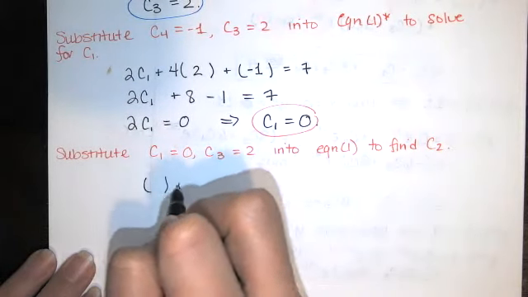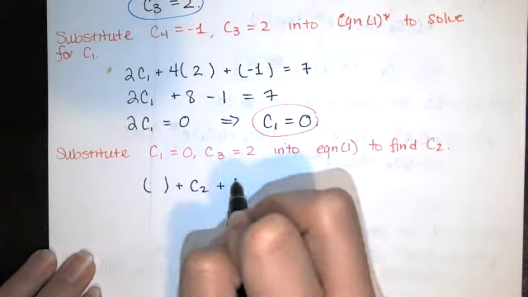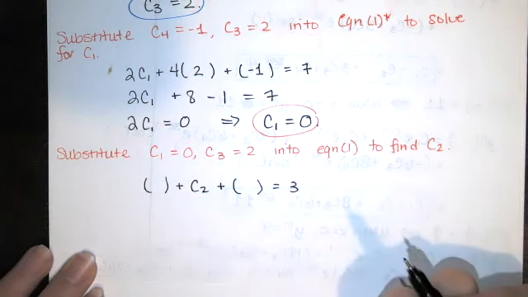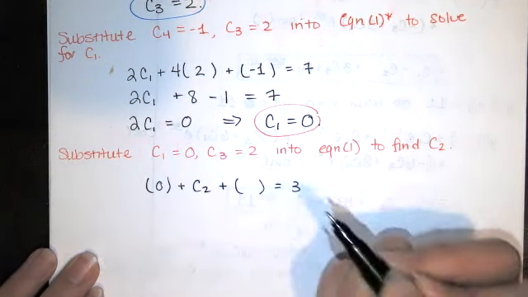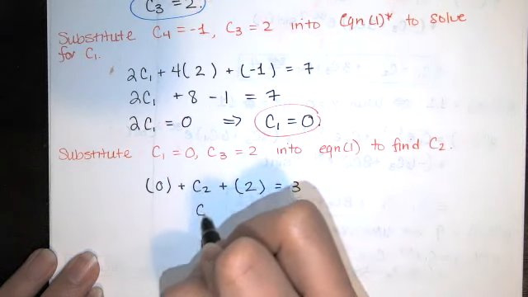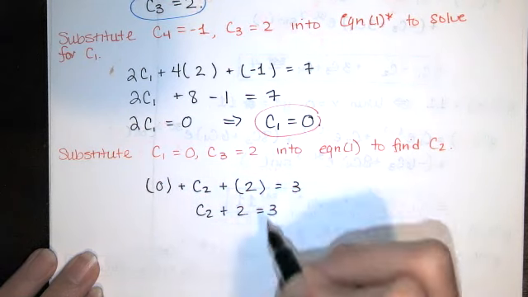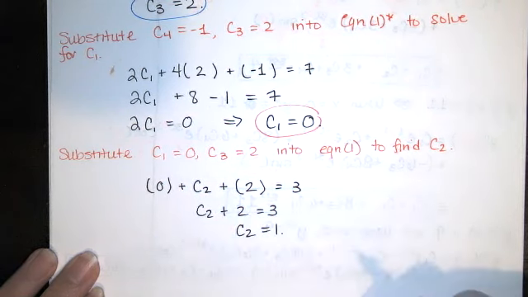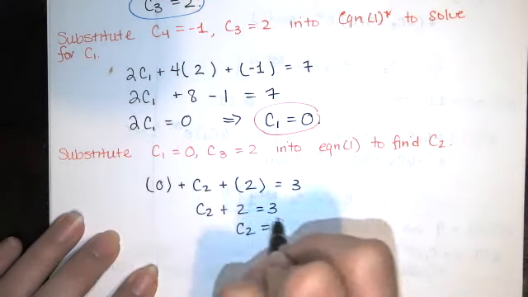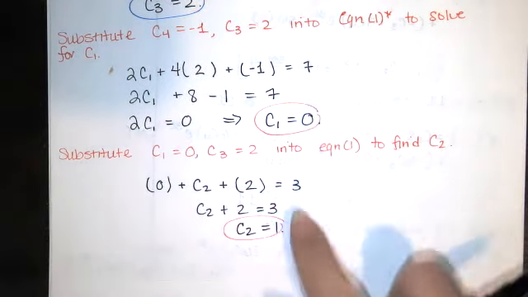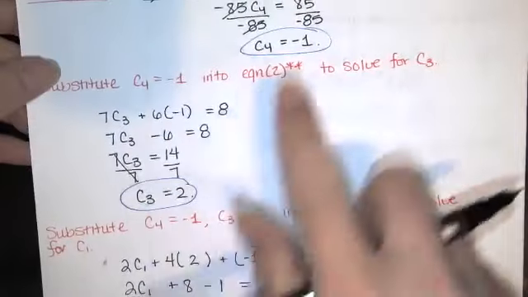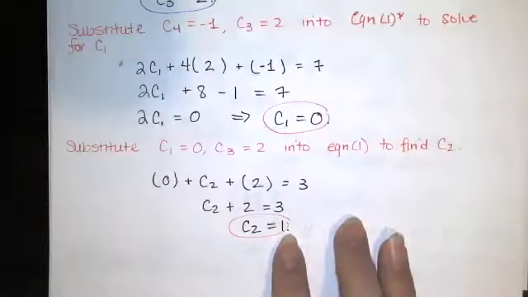C1 plus C2, which is unknown, plus C3 equals 3. And C1 was 0 and C3 was 2. So C2 plus 2 equals 3. So C2 equals 1. Awesome. So now we know that C1, C2, C3, and C4 have those values.